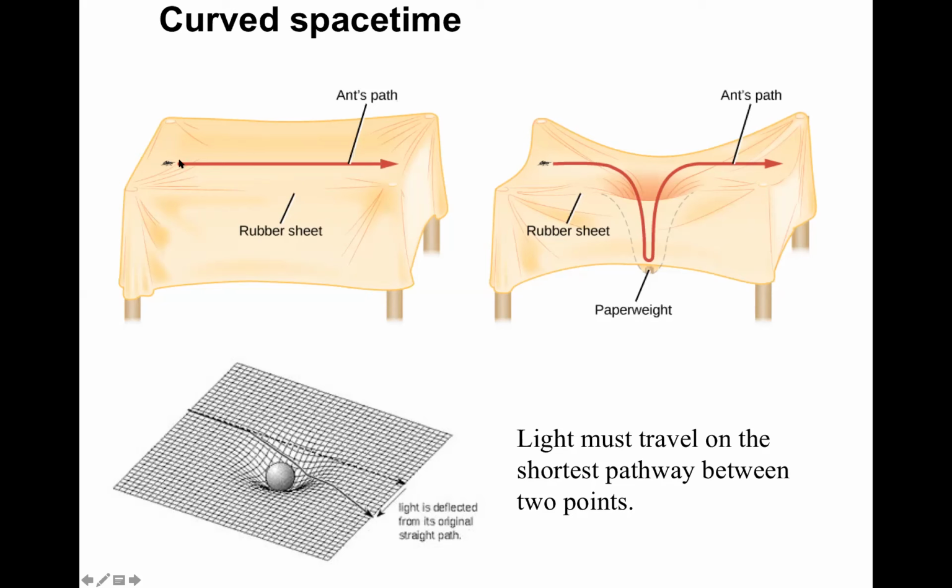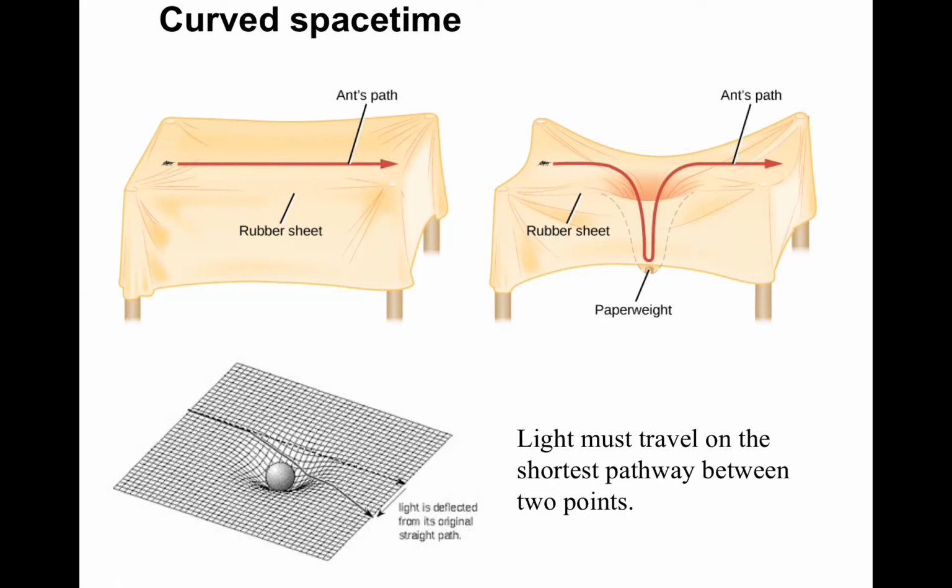So if our rubber sheet is perfectly smooth and uncurved, this virtual two-dimensional ant will travel in a straight line, and that actual line will be perfectly straight. Now, if we were to put some sort of weight on this rubber sheet, that weight will, as you know, deflect that sheet.